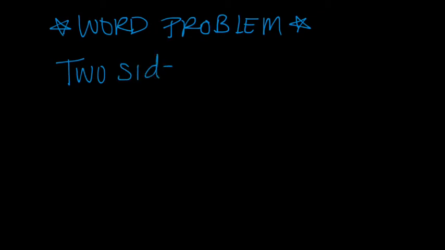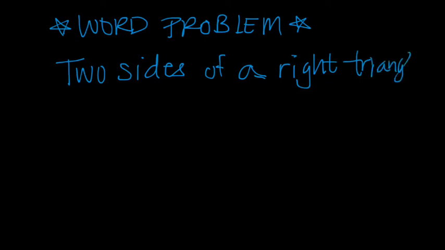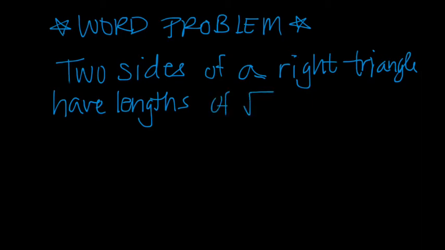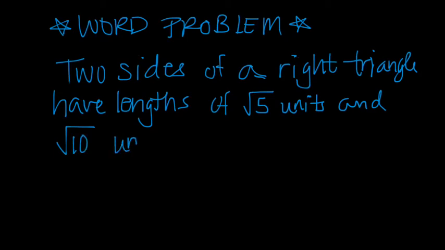Copy this down. Two sides of a right triangle have lengths of square root of 5 units and square root of 10 units.